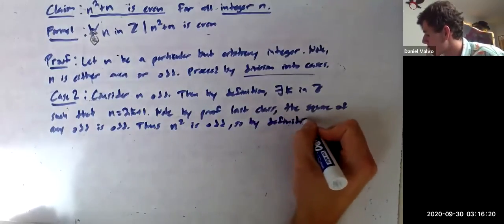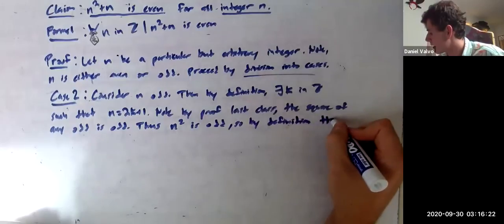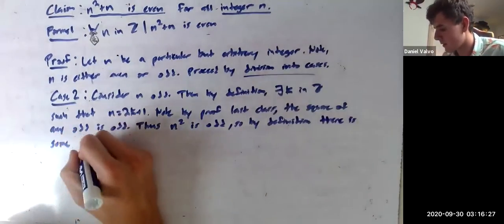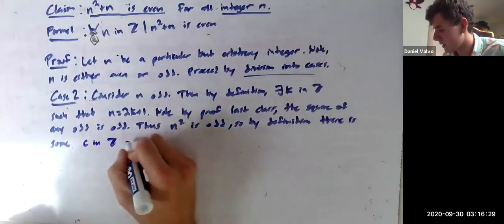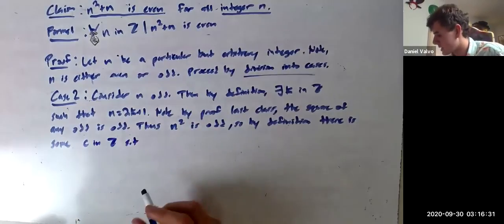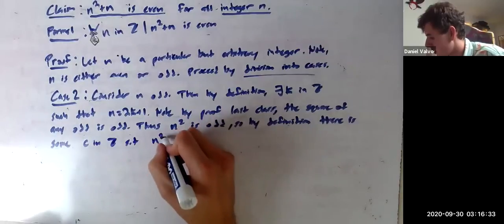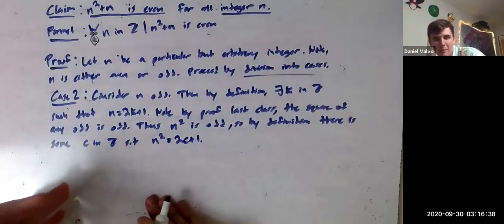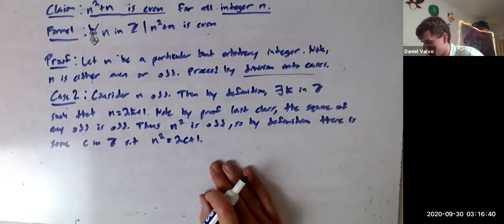So by definition, there is some c in Z such that n squared equals 2c plus 1. Because to be odd, it means it equals 2 times some integer plus 1.